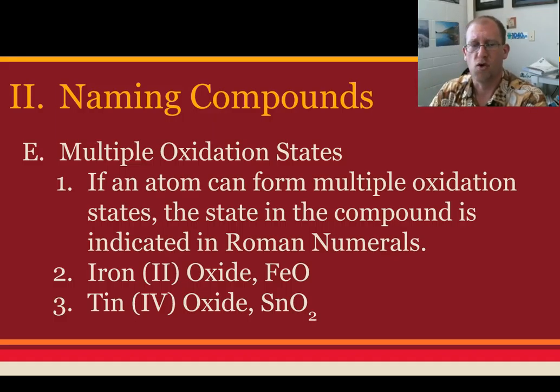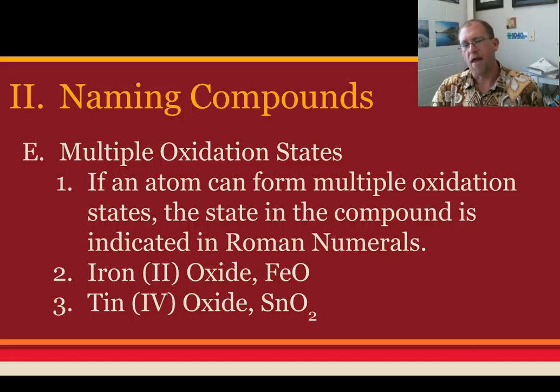So an example would be iron 2 oxide, which is FeO. Iron can also have a +3 oxidation state, and we recently in a lab used a substance called iron chloride, FeCl3. In that particular situation, the iron has taken on a +3 oxidation state, so that would be iron 3 chloride. Here we have iron 2 oxide.